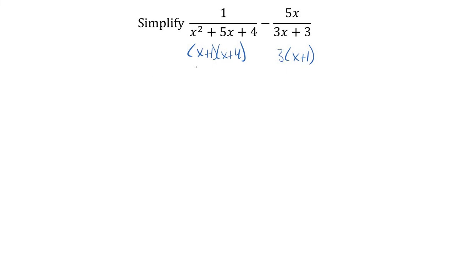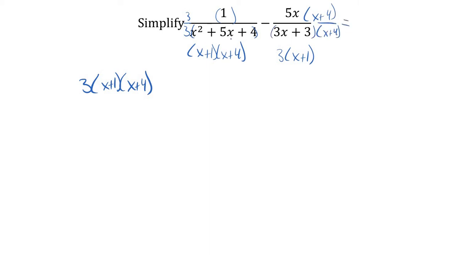So our overall denominator is 3 times x plus 1 times x plus 4. For this one right here, all I have to do is multiply it by 3 over 3. And for this one, what's it missing? Well, it's missing the x plus 4. So I'm going to do x plus 4 over x plus 4 there.